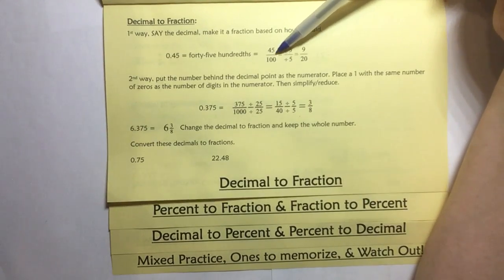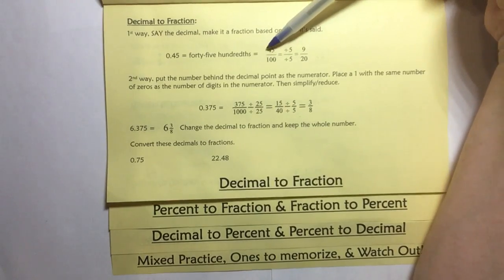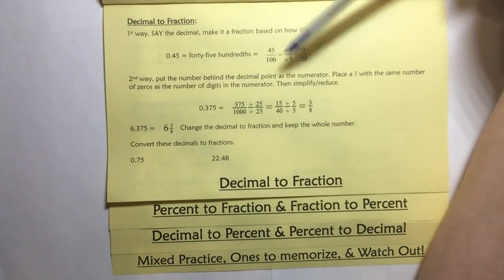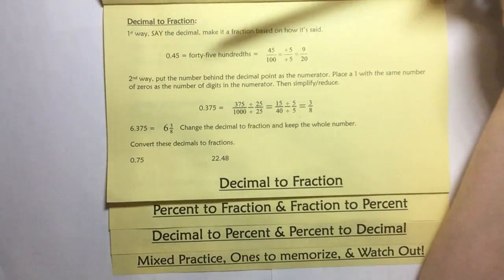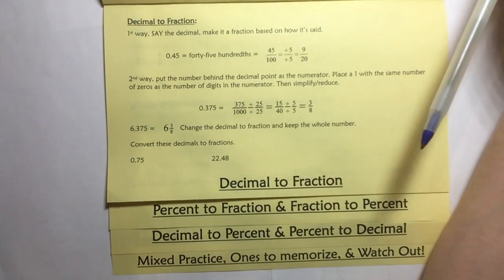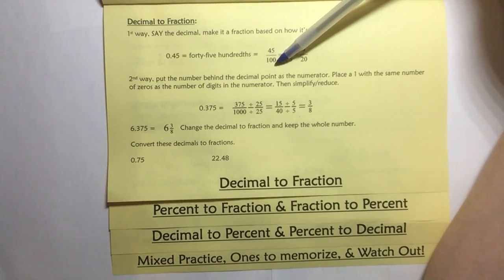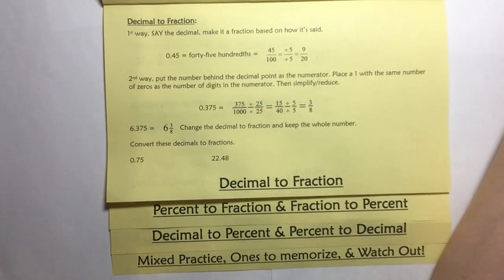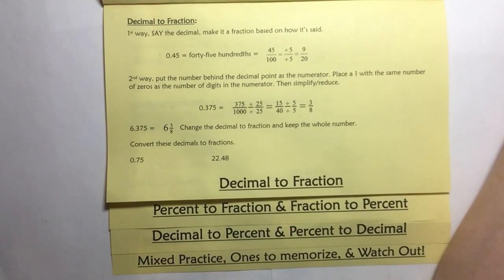So what number goes into 45 and 100? It ends in a 5 and a 0, so you know that 5 can go into both. So 45 divided by 5 is 9, and 100 divided by 5 is 20. So 45 hundredths is equal to 9 twentieths. So that's way one. You just say the decimal, and then write the fraction to match.